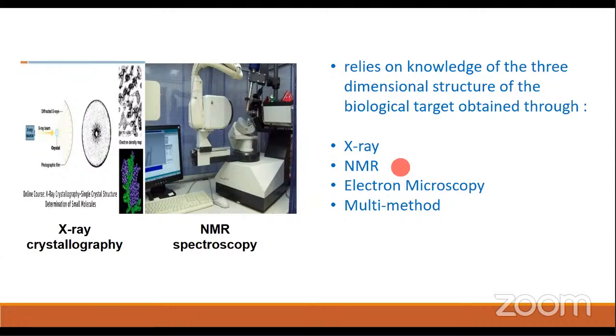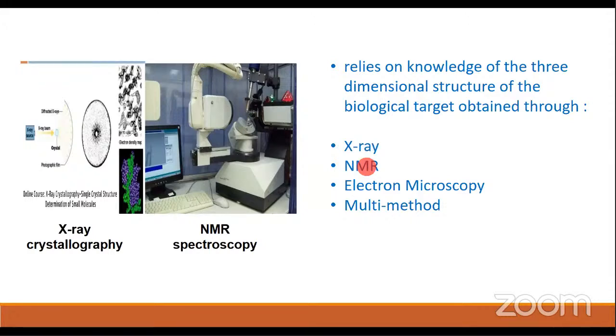In those cases, we can take NMR. But the problem with NMR is that it is a very complex process. Even elucidating a very small molecule takes days and weeks. Just think about 20 or 30 atoms of a synthetic molecule; it is very difficult to elucidate.